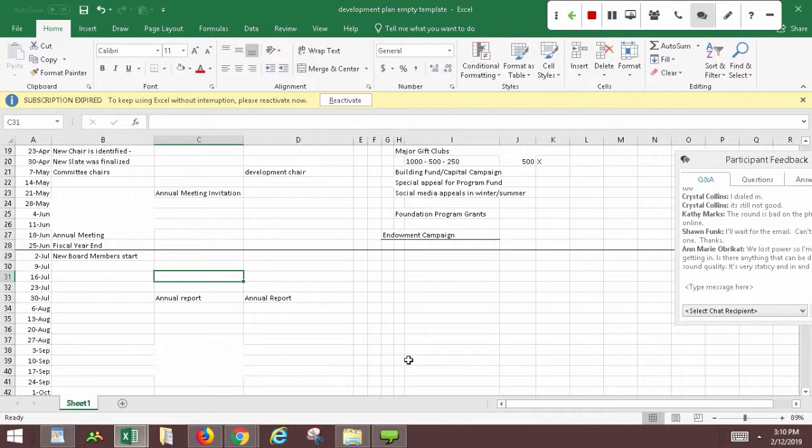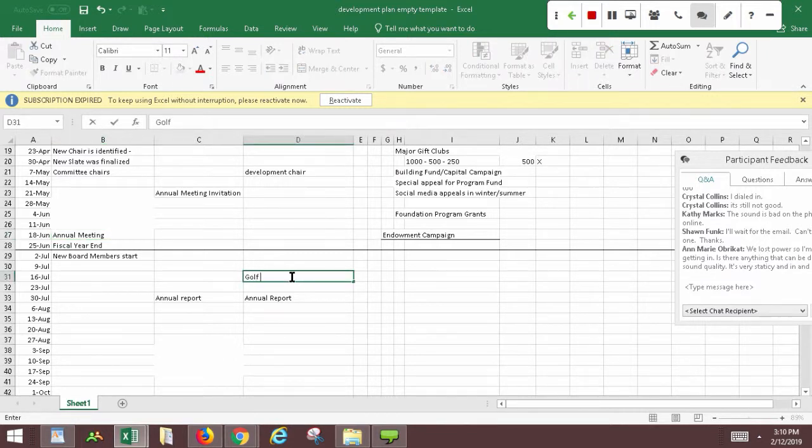So for instance, when I was with the Indiana Basketball Hall of Fame, our calendar developed rather quickly into a situation where we had our annual meeting of the entire membership in June. Then we did not have a board meeting in July, but what we had was our golf tournament. And in fact, we didn't have a board meeting in August.